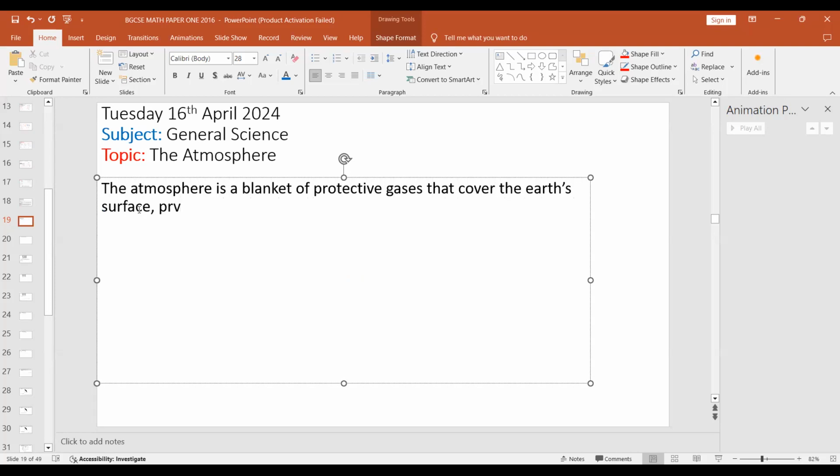So it's there to provide insulation, so that basically to protect us from the extreme temperatures right outside. So providing insulation against extreme temperatures.